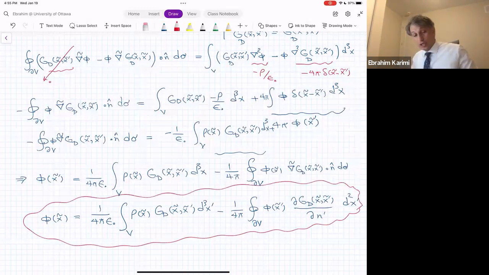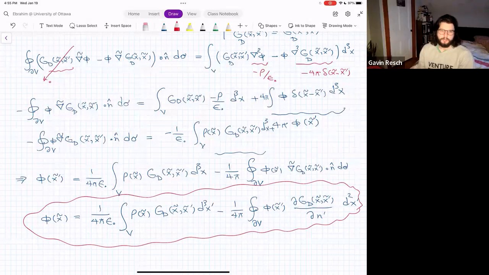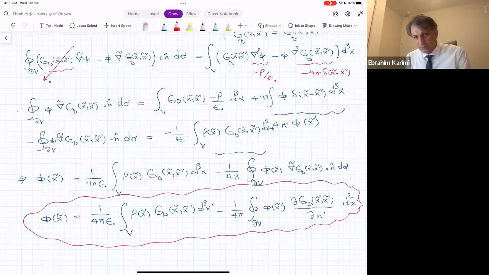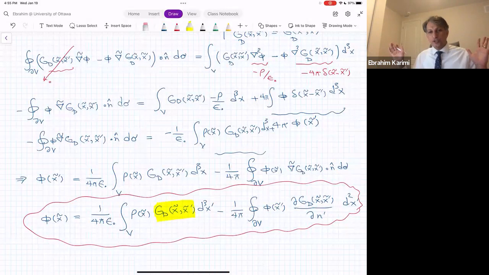That is the potential for the Dirichlet boundary condition. And what we need to do now is find the green function which satisfies the Dirichlet boundary condition. So the goal is finding this GD of x and x prime. As soon as you find this, then it's perfect. You replace it here, you will get the potential. When you know the potential, you know the electric field.